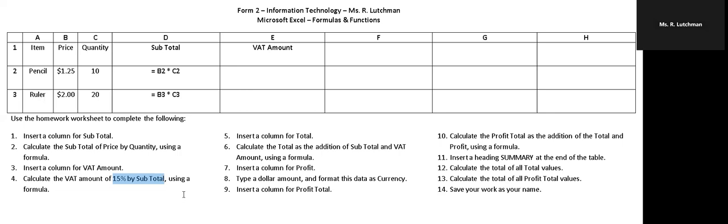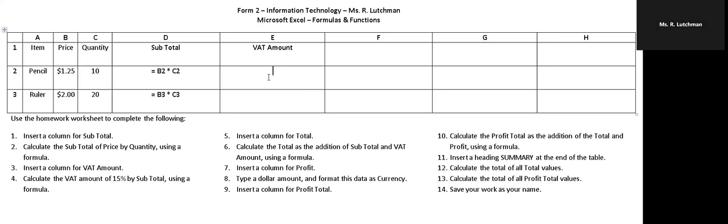Subtotal. So you see what I'm doing? I'm analyzing my question because my question actually has the answers, but I do need to remember what a formula looks like. So 15% by subtotal. So you already know by means multiply. So I want to multiply my subtotal.